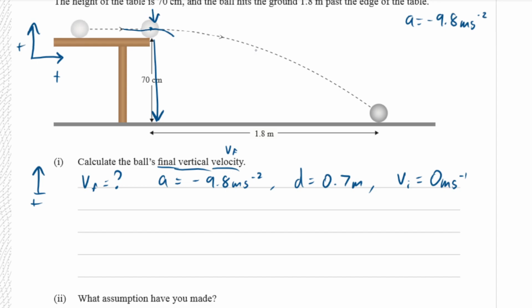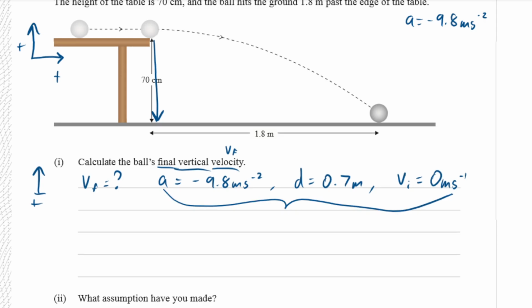We're just letting it fall off the table with no additional initial vertical speed. And we don't know time, so we don't have that. So these are the only other three available to us. 3 knowns, 1 unknown. We can pick our equation and then solve.